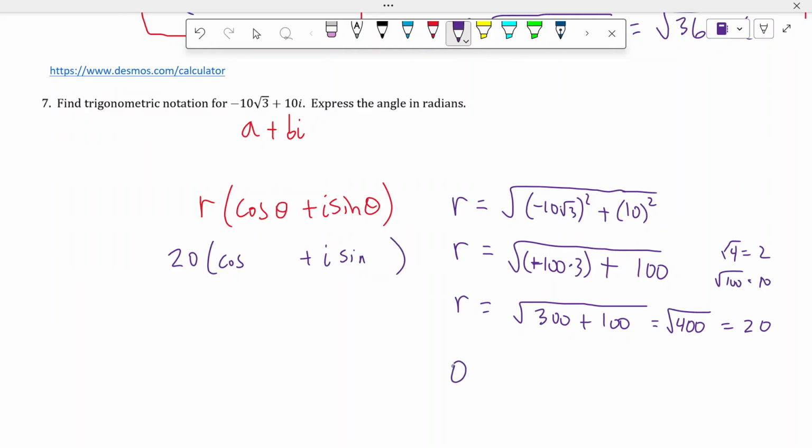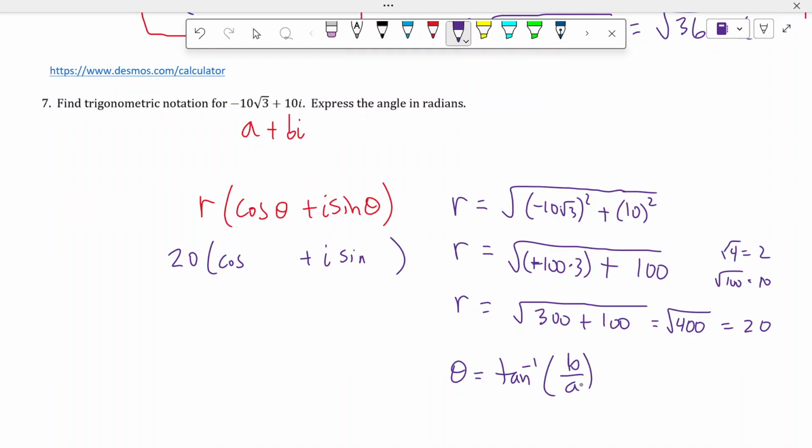If you remember, the angle is the tangent inverse of b over a. It's the vertical component over the horizontal component, the opposite over adjacent.